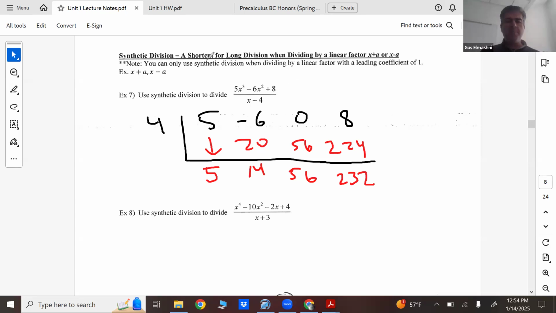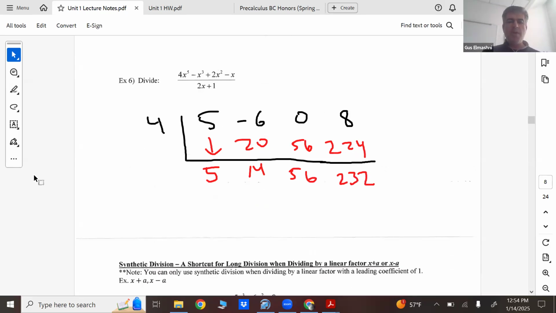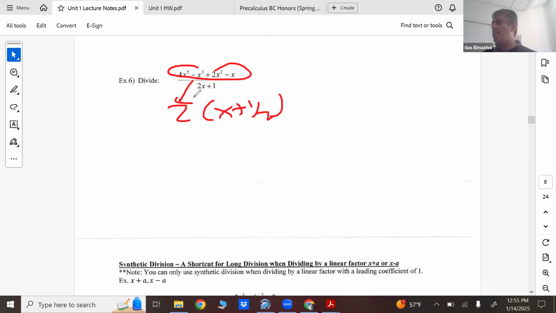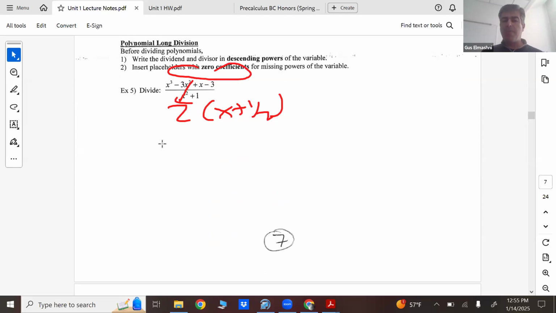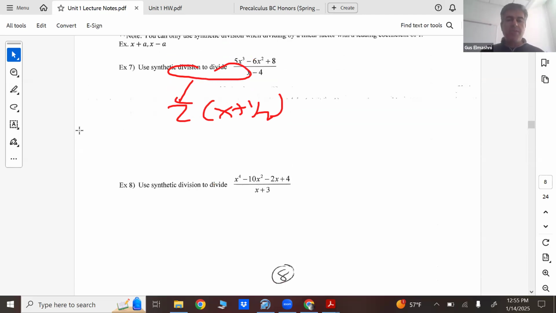For example 6, you'd have to pull out that 2 and make it x plus half, then divide all these by 2, and now you've got a bunch of nasty fractions. I think the box method would work great for example 6, and likewise for example 5. Or you do long division if you want. It's up to you.